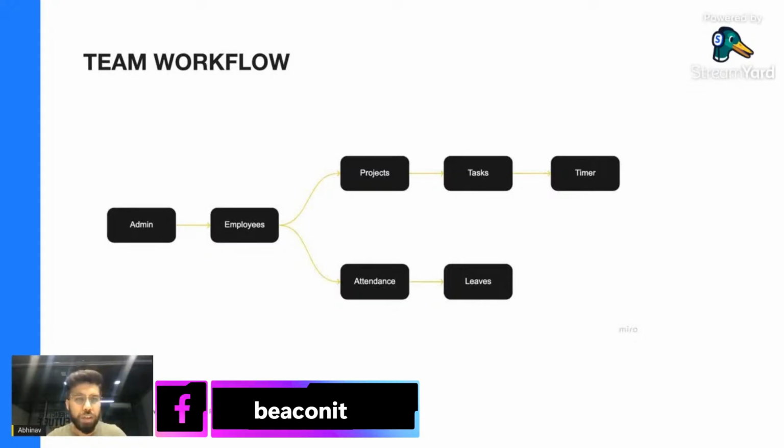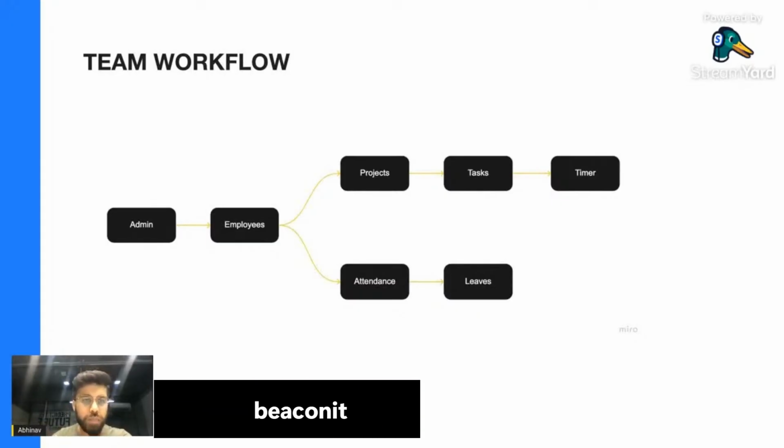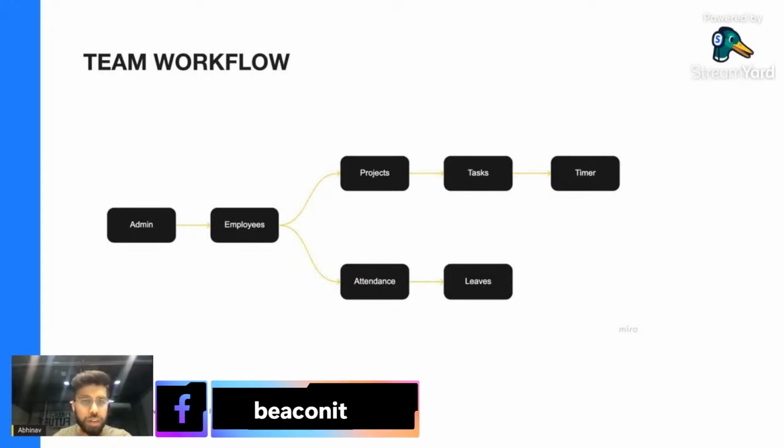Each employee can be assigned projects, and in projects there can be multiple tasks, and employees can run timers for those tasks. Okay, simple enough. Then for the HR part, there will be an attendance module and also the leaves module to track the attendance and leaves of the employees. Okay, this is the team workflow.